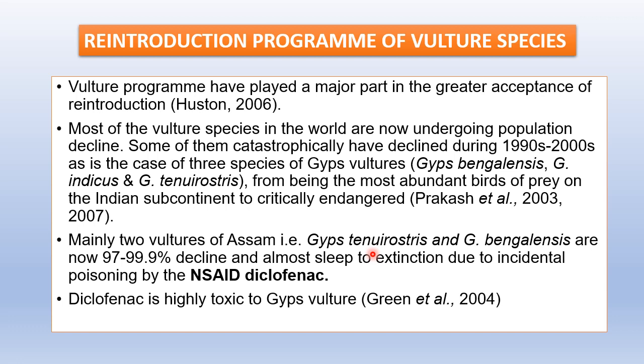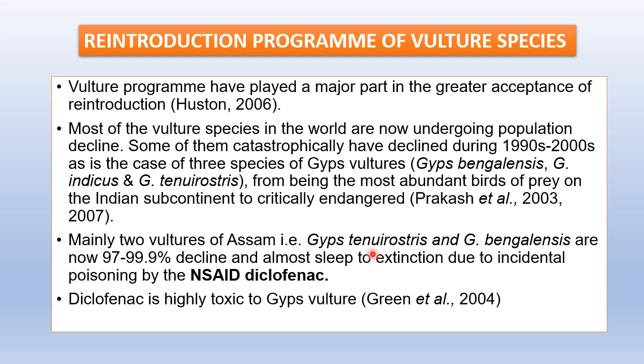It is given to livestock as an anti-inflammatory drug. If the animal dies within 72 hours of being treated with the drug, the carcass still contains a dangerous level of this drug. These carcasses are the primary food source for the Gyps.